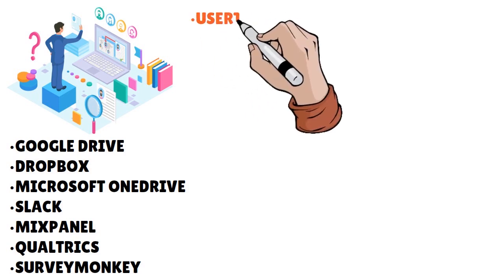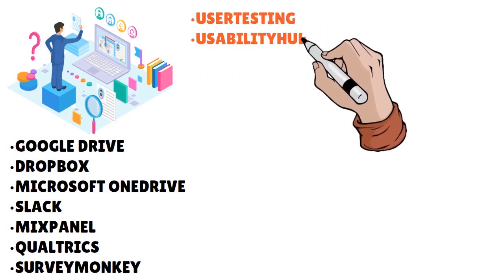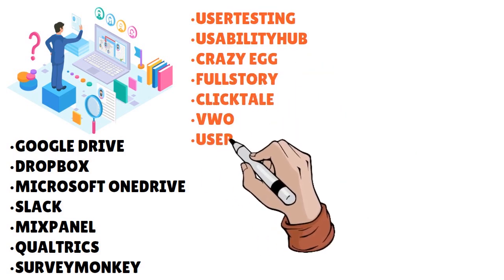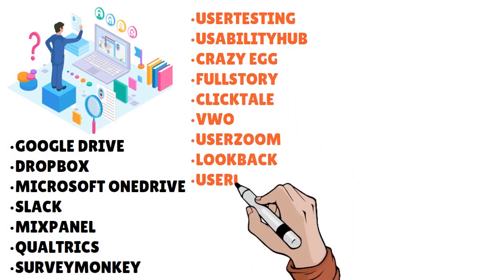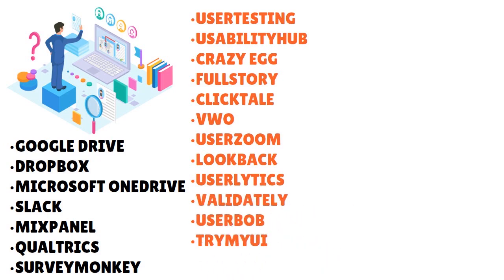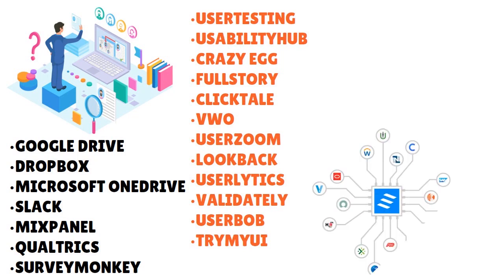Okay, you have UserTesting, UsabilityHub, Crazy Egg, FullStory, Clicktale, VWO, UserZoom, Lookback, Userlytics, Validately, UserBob, and TryMyUI. So that's really cool because it gives you a large constellation of applications that you can integrate with Storydoc.